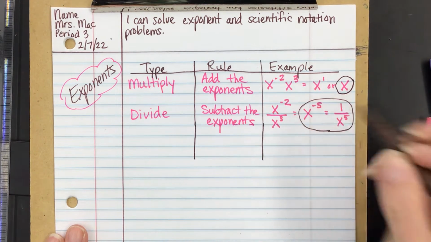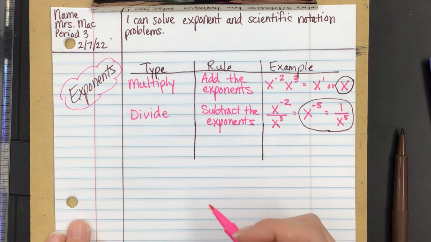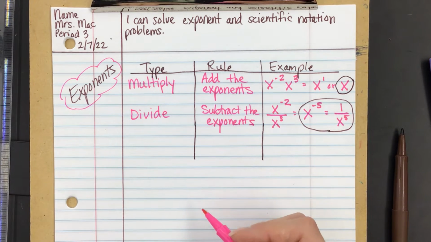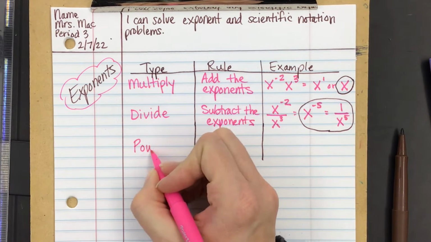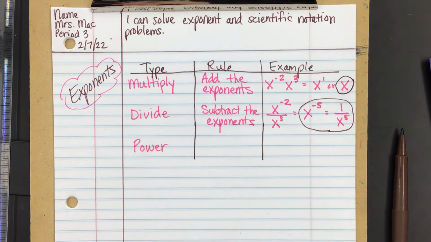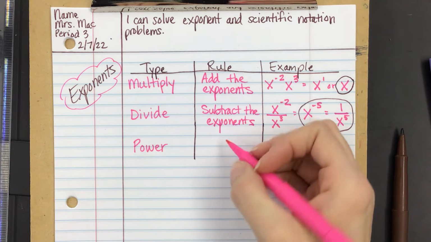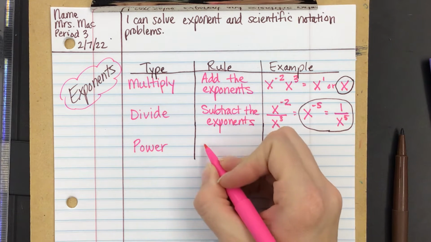And the last type of rule that we are going to encounter is when you have exponents to a power. That's when you have an exponent to another power. In that case, we're going to multiply the exponents.